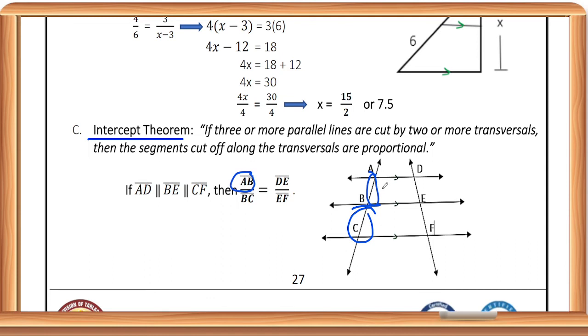The corresponding part on the other line, since they pass through the same parallel lines, with two transversals, means the ratio of this over this would be equal to the corresponding segment, which is DE over this one.